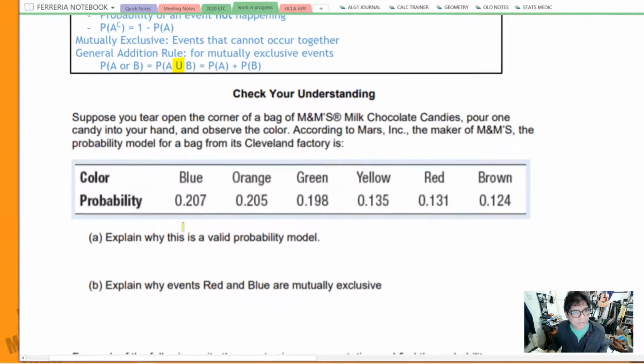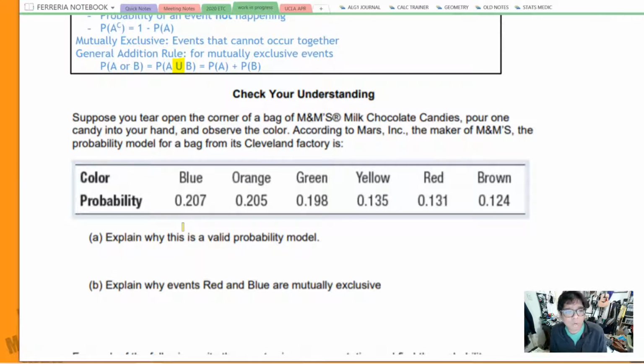All right, let's check our understanding here. Let's suppose that we tear open the corner of an M&M's milk chocolate candy, pour one candy into our hand, and observe the color. According to Mars, the maker of M&M's, the probability model for a bag from the Cleveland factory is as given. Explain why this is a valid probability model. So two things have to be true.